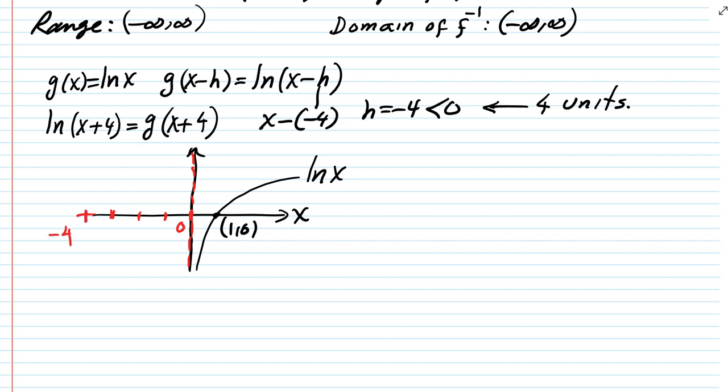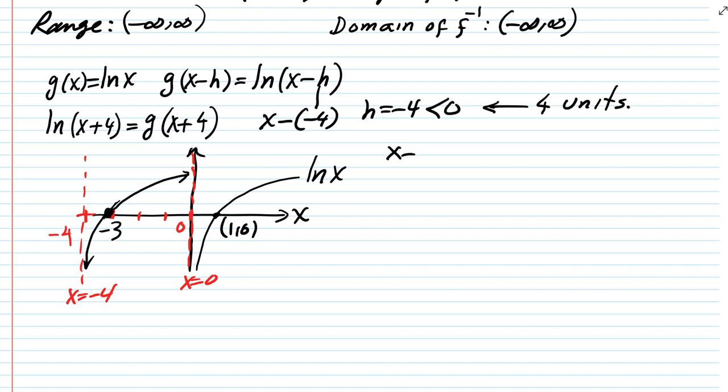So it's now at -4. What used to be at x equals 0 is now at x equals -4. That's the vertical asymptote. Then I'm just going to redraw my log function. There you go. And that is the graph.